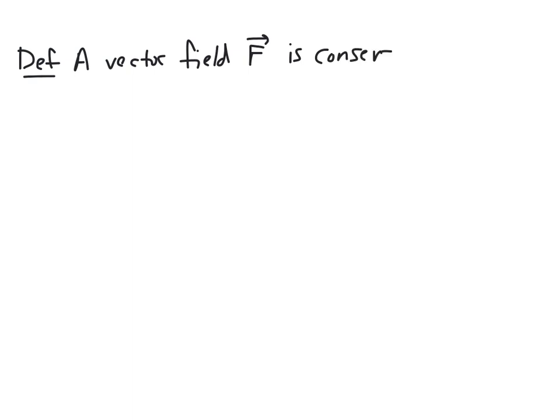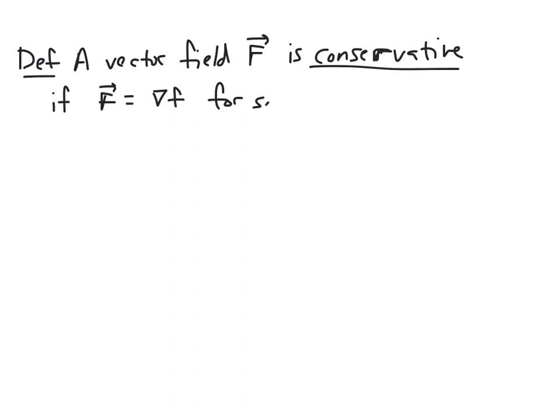One question that is often important to determine about a vector field in many applications is whether or not it is the gradient vector field for some function f. And so in order to deal with this nicely, we're going to give this a name. We're going to say that a vector field capital F is conservative if capital F is equal to the gradient of a function lowercase f for some function f.